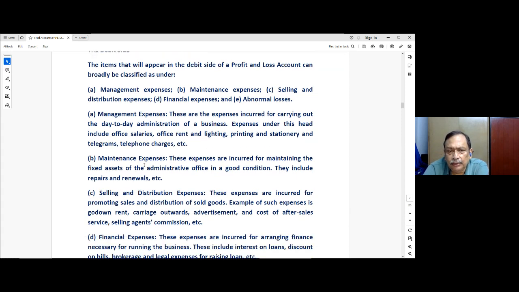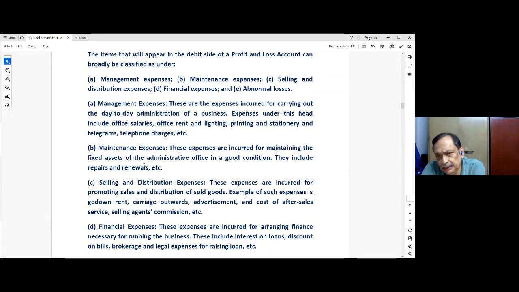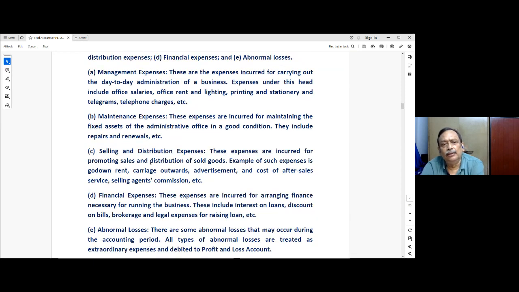Next, we are coming to maintenance expenses. These expenses are incurred for maintaining the fixed assets of the administrative office in good condition. They include repairs and renewals, etc. Next, selling and distribution expenses.